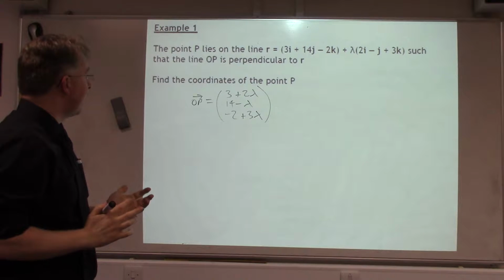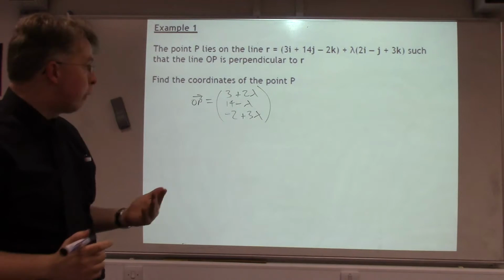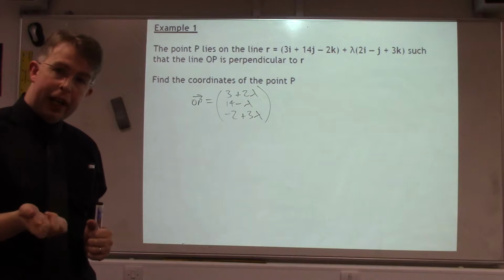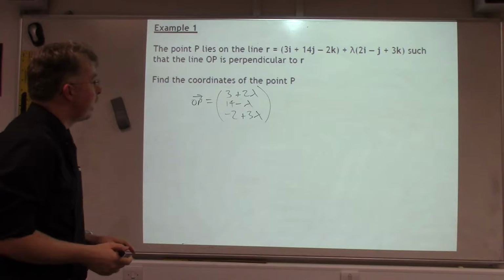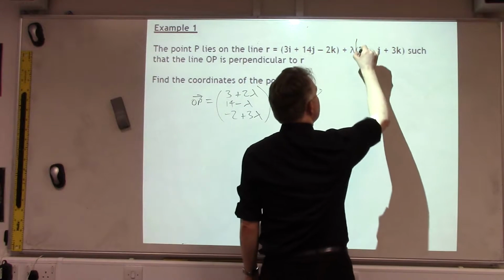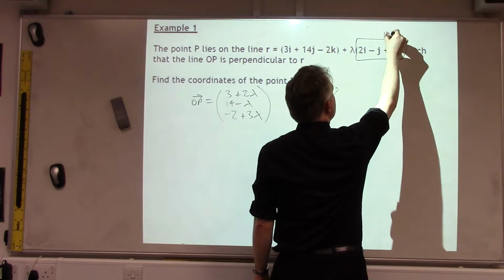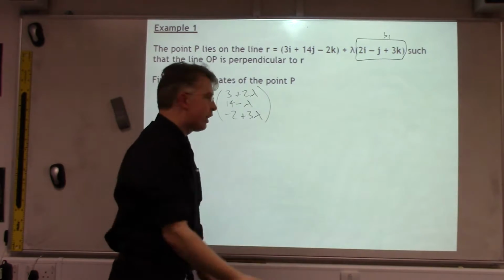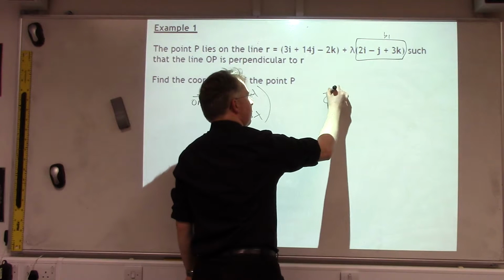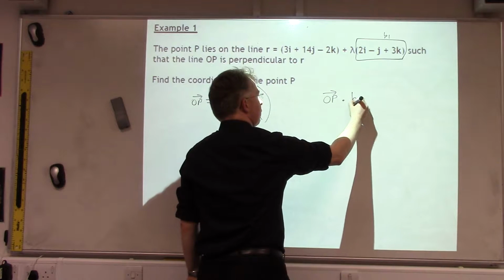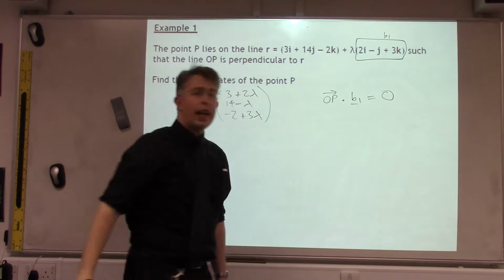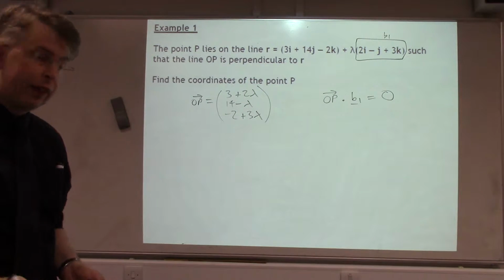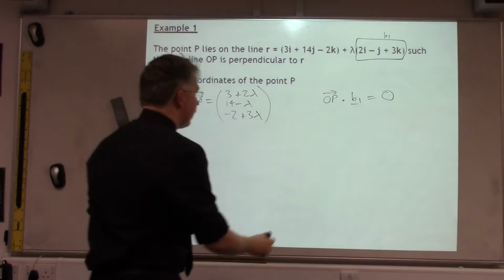Now we need the vector OP to be perpendicular to R. So that means the vector OP is perpendicular to the direction vector V1. What we're basically saying, and this is a bit of a mix of notation, is that the scalar product of OP with V1 is equal to 0, because they are perpendicular.